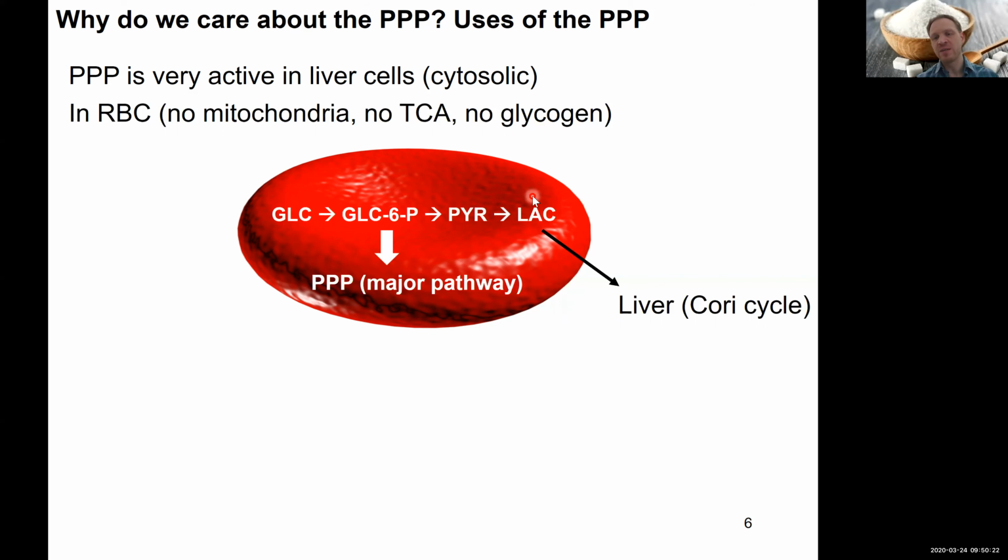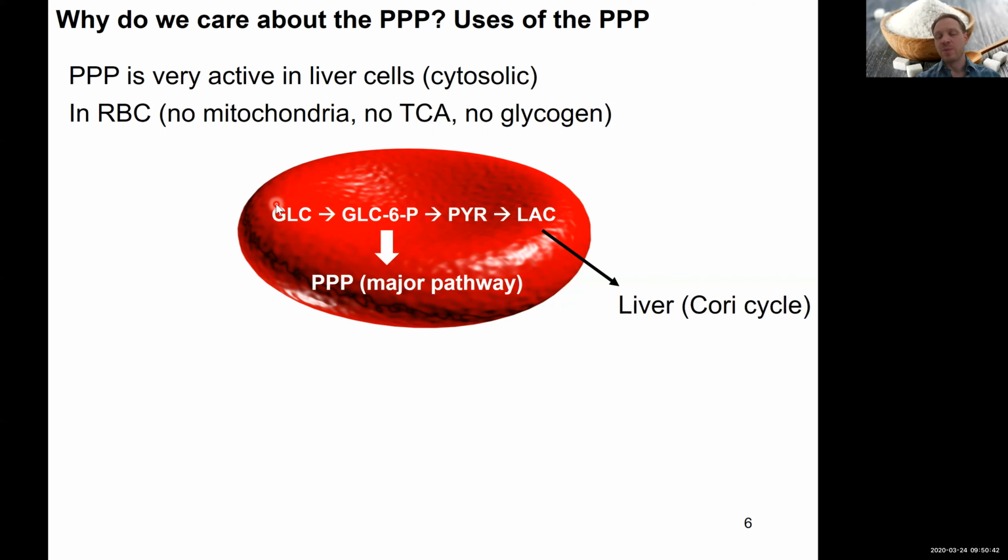No TCA cycle. You have to recycle your cofactors, so you're doing lactate fermentation in this case. The lactate can leave the red blood cells and go through our Cori cycle. We can use GNG to regenerate free glucose in the liver, and that glucose can go back to our red blood cells.